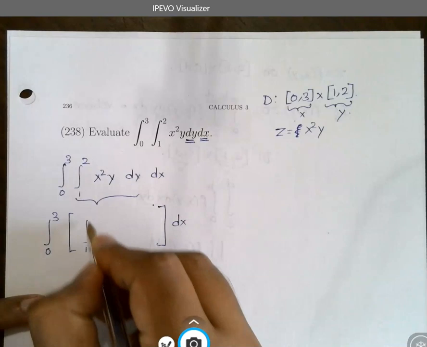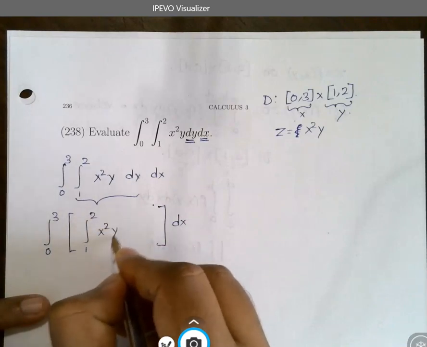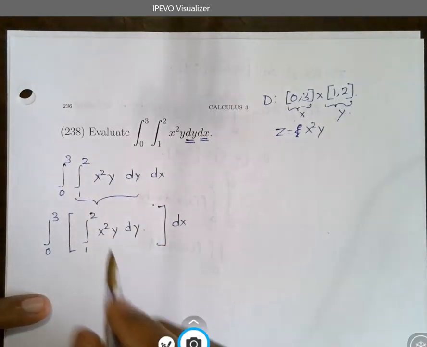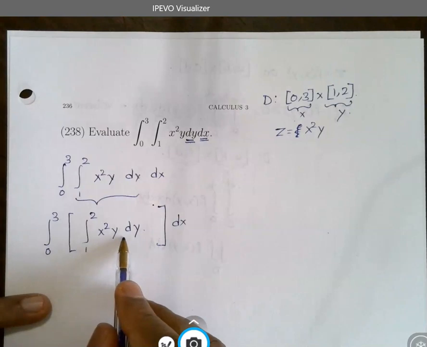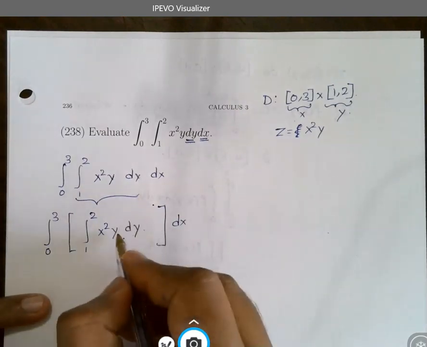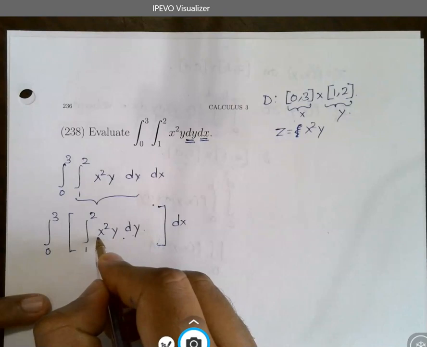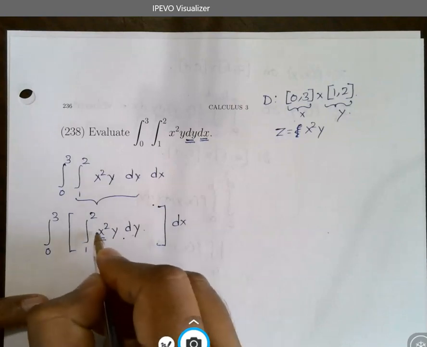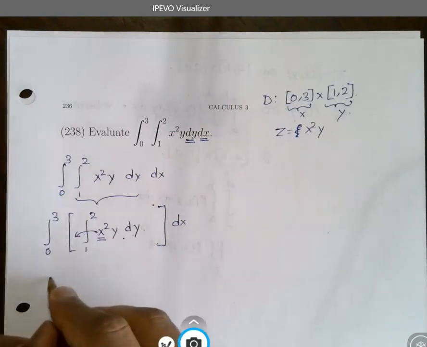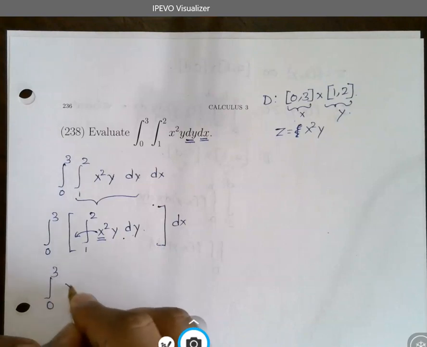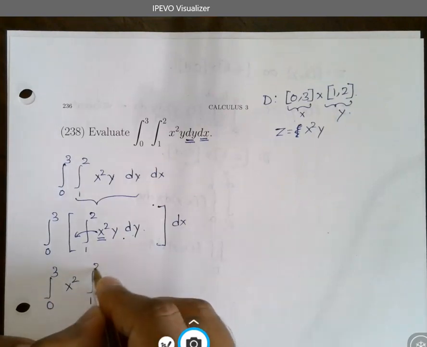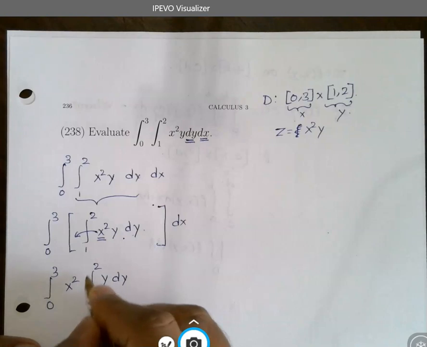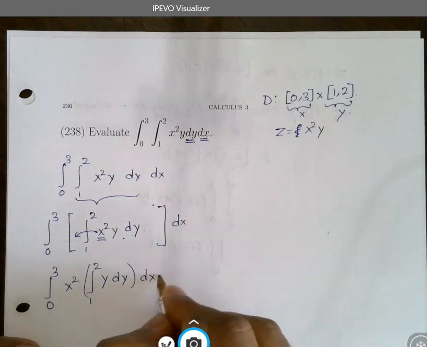Now you want to integrate this with respect to y. When you're integrating with respect to y, you treat x squared as a constant, so that steps out of the integral sign. So you get integral 0 to 3 of x squared times integral 1 to 2 of y dy, and you get dx here.